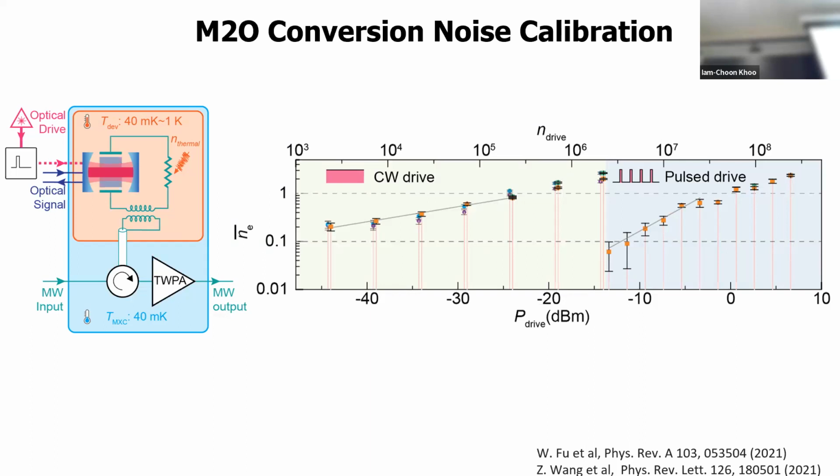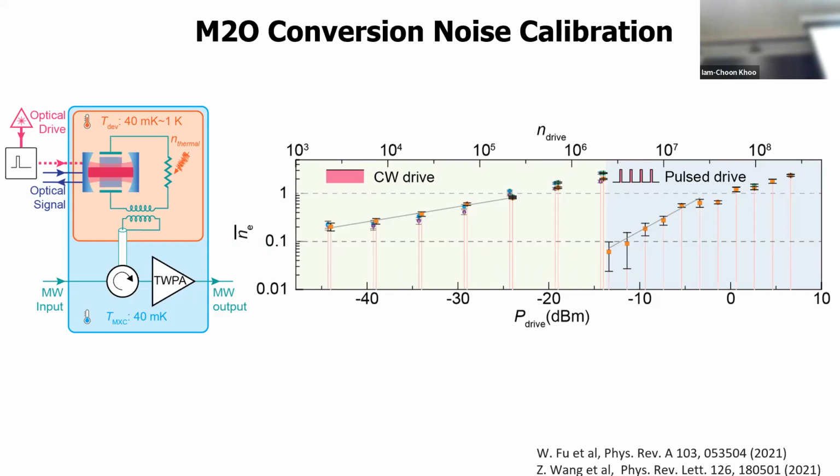For most of the pump power, our noise photon number is below 1. We can measure about 0.1 noise microwave photon precision, which is very hard. When the power becomes too large, you start seeing noise in the system. Then you switch to a pulsed drive and you can reduce the thermal noise.